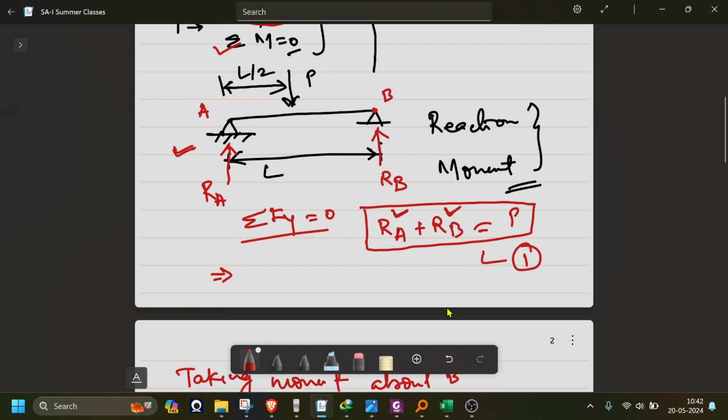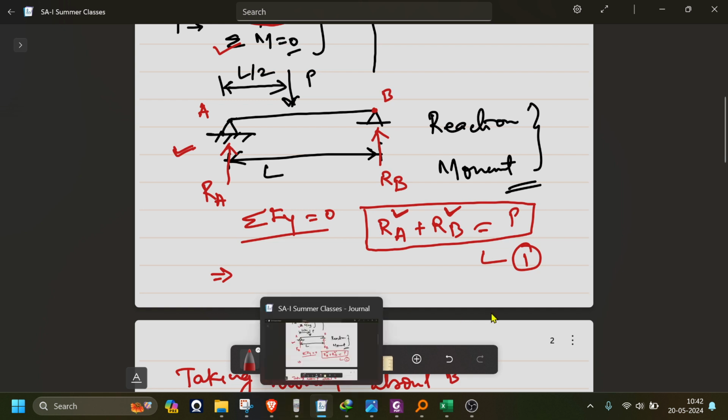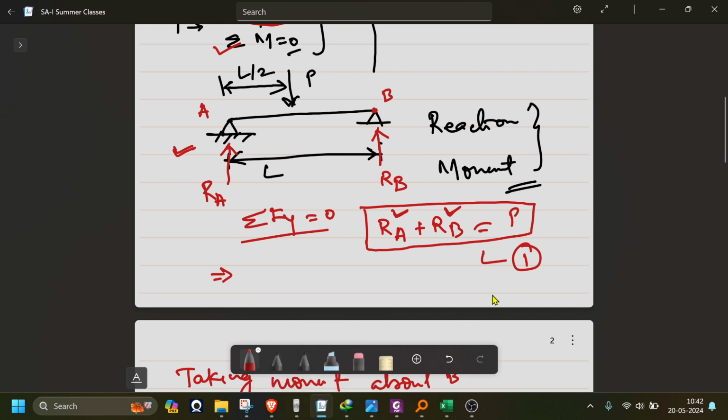Shantanu, can you answer? What will be my equation if I take moment about B?